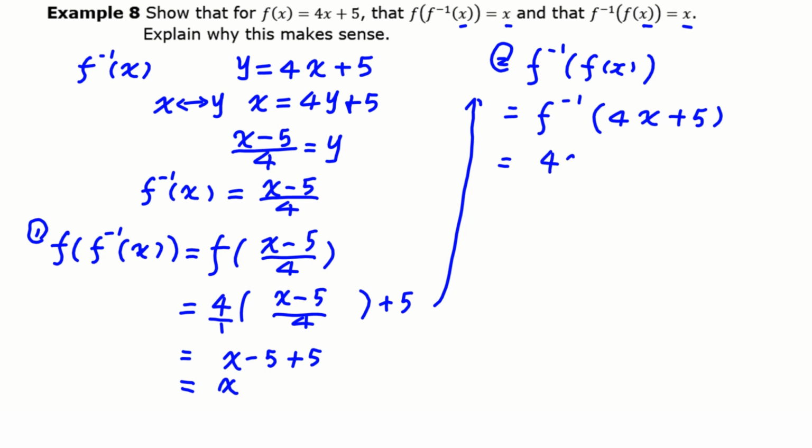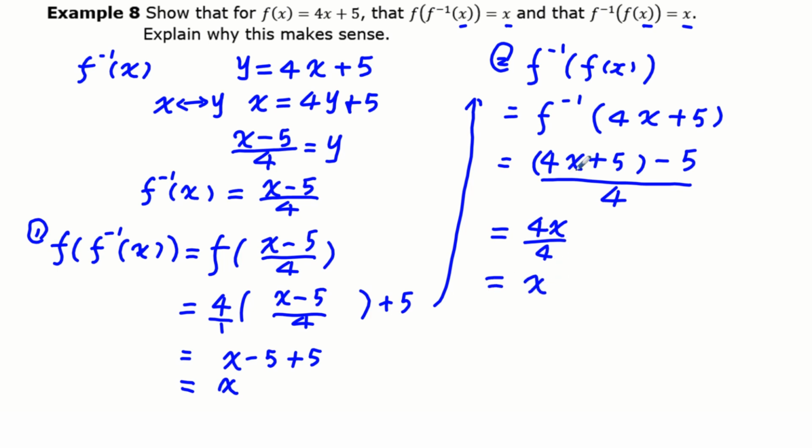So 4x plus 5 is your input for the inverse function, then minus 5 over 4. You will have 4x over 4, which is x. So this is proved. And why does it make sense?